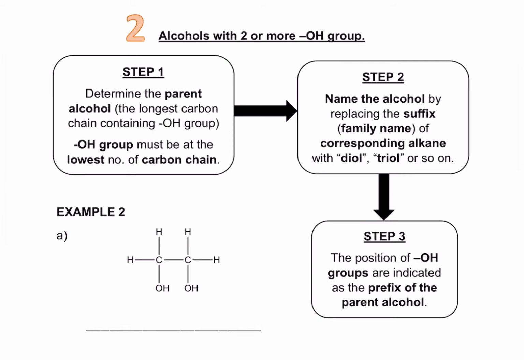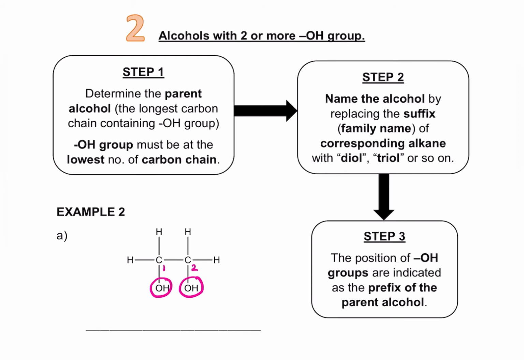Let's try example 2, structure A. I got here 2 carbon chains, so I'm going to give the numbering for whichever carbon that I want to start. So I got 2 of them, and you can see that at each carbon you got an OH group attached to them.